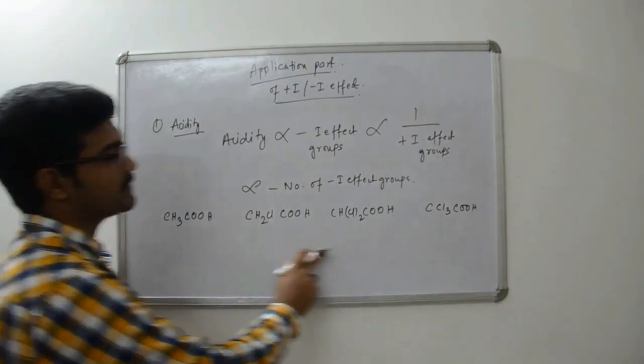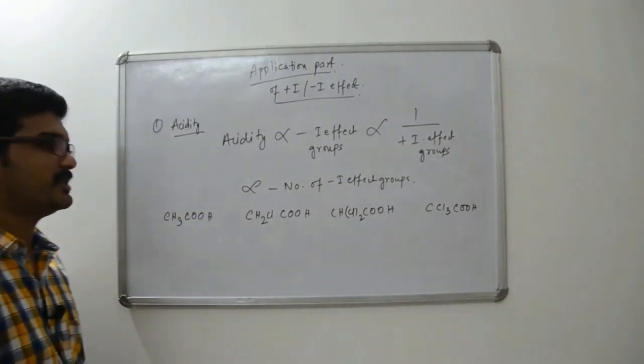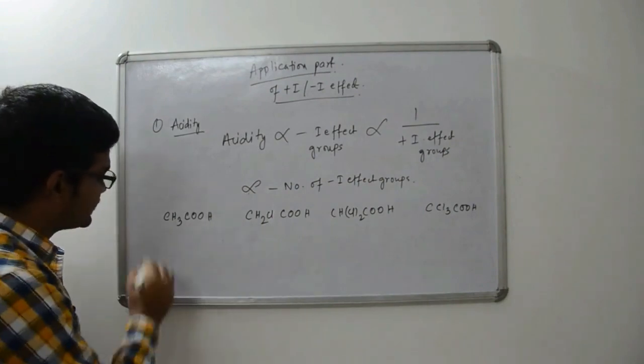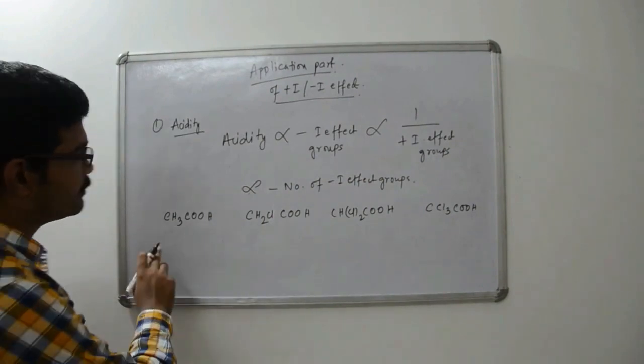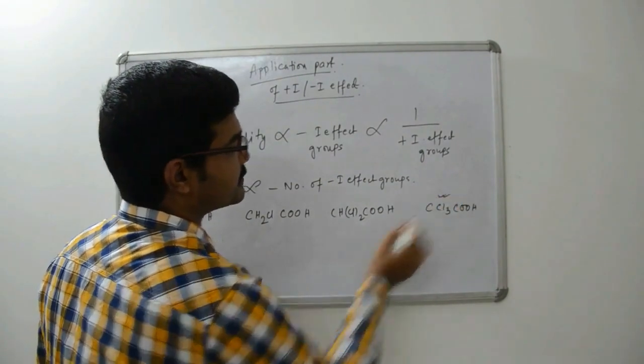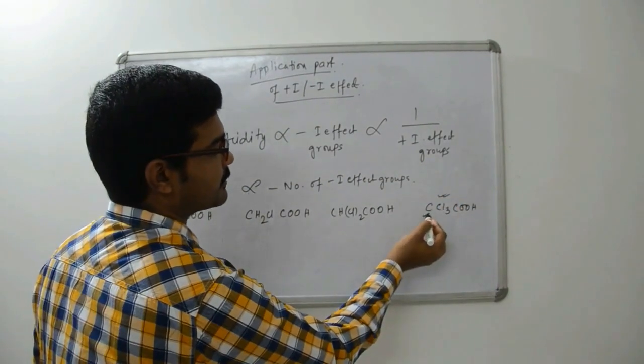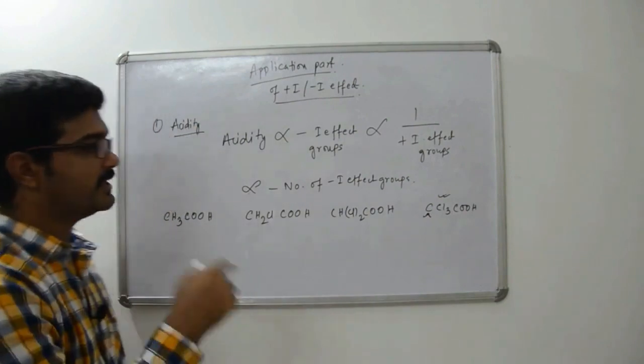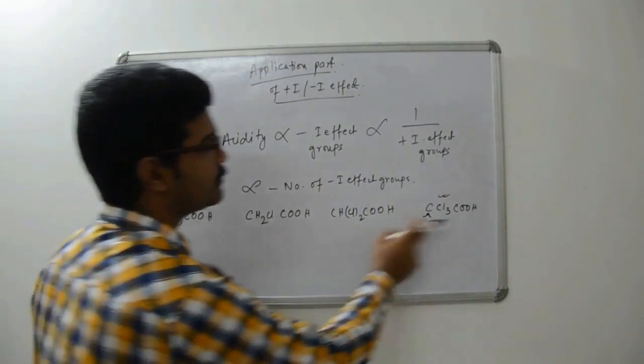So these are some derivatives of carboxylic acids. Now if we see, as we move from left to right, the number of chlorine atoms in the alpha carbon, that is this carbon, increases from left to right.